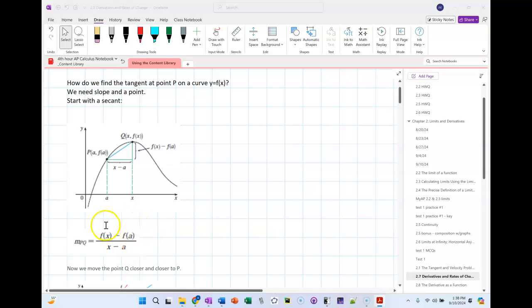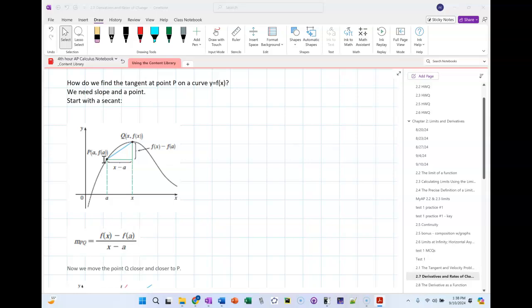And I calculate the slope. I'm going to have something like f of x minus f of a over x minus a, right? And then what I'm going to do is let that point Q get progressively closer and closer to point P by taking the limit, right?